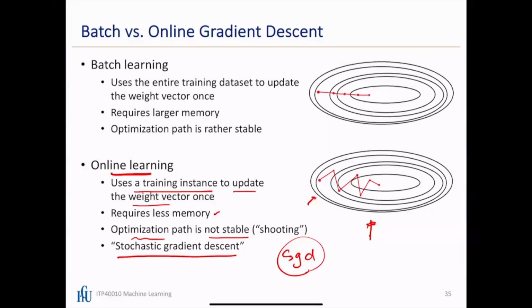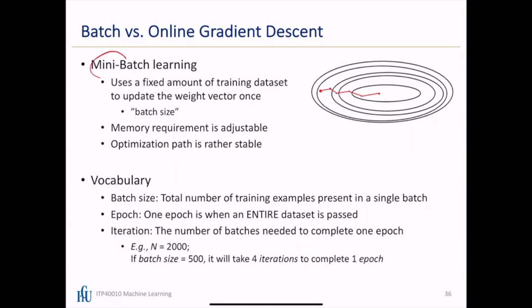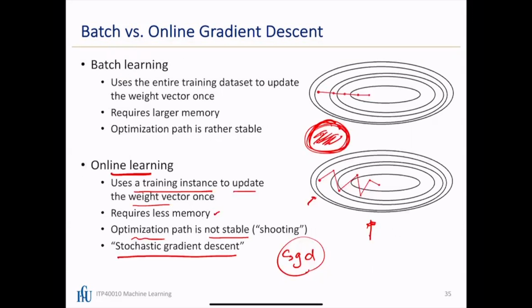In modern machine learning, we have introduced a middle ground in between. These days, most people are using something in the middle that is called a mini batch. We talked about two extremes. You have a training data set. One option, batch learning, is to use the entire training data set.